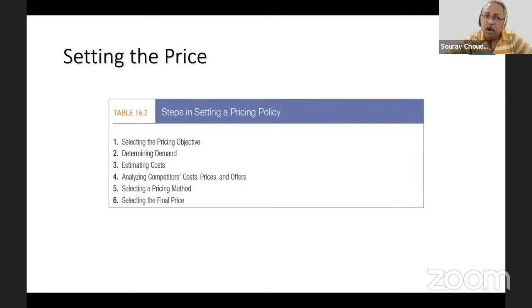Estimating the cost, what is the cost of the product, cost of manufacturing the product, fixed expenses, my marketing expense, my sales and distribution expense, my general and administrative expenses, all are for a product, right? So those costs are all added, and there's the base cost of the product, and then you make profits on it, and then you make price.